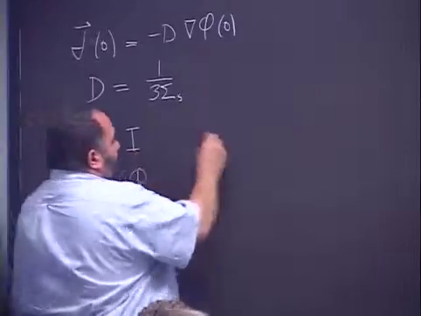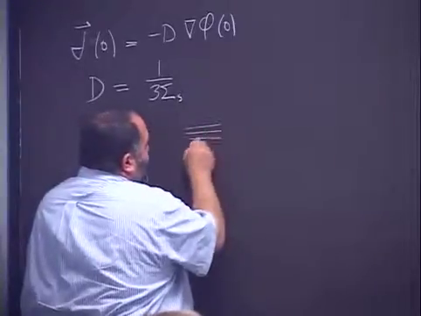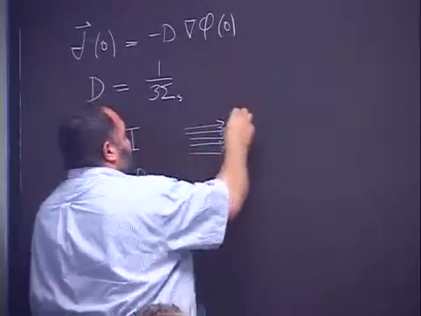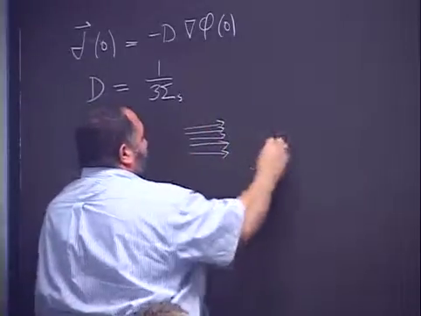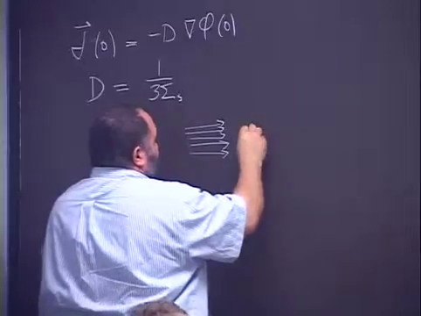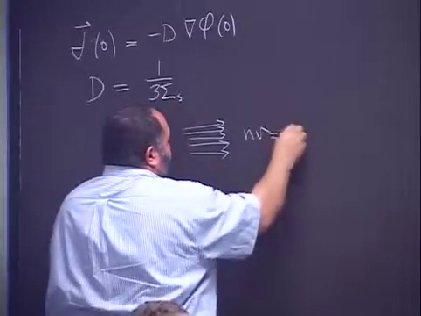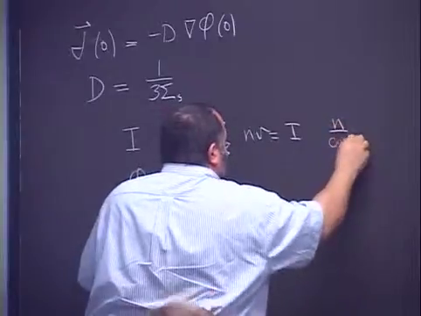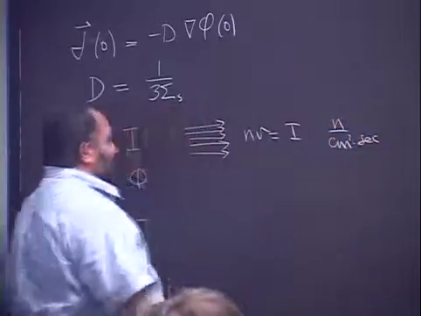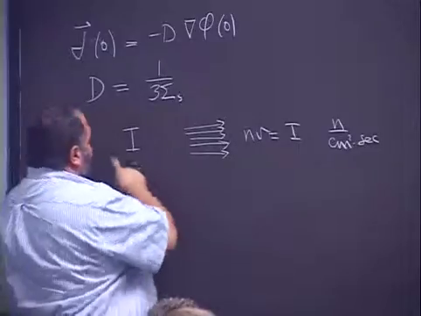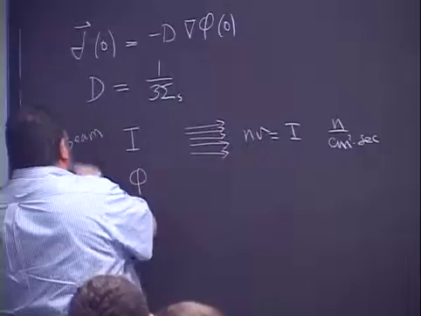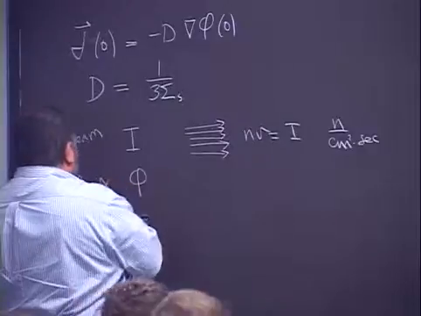Okay, for I, it's a uniform beam, and usually you have monoenergetic neutrons. So this is NV is equal to I, and it is neutron per centimeter square per second. And this is beam. This is flux. This is current.